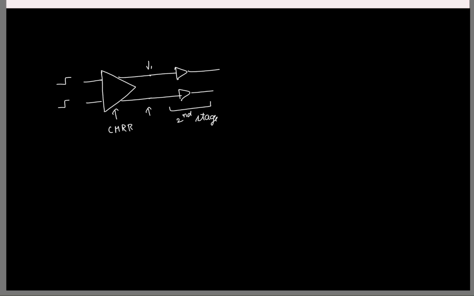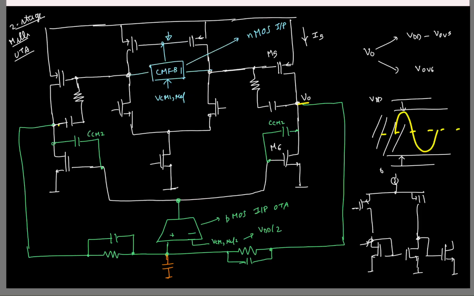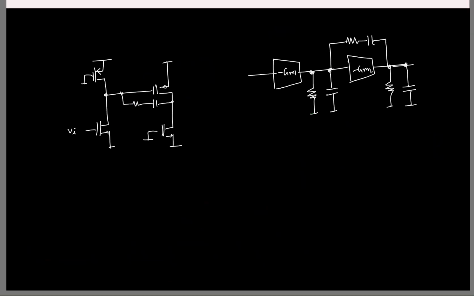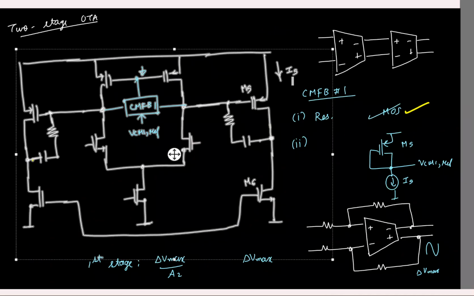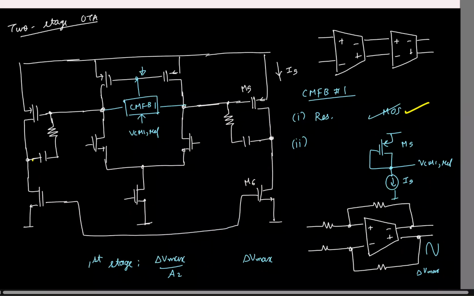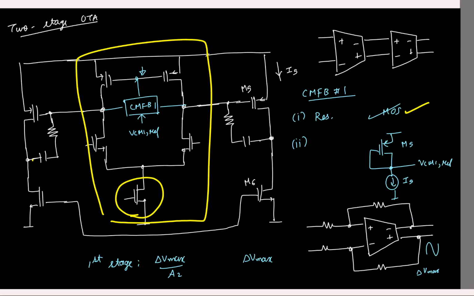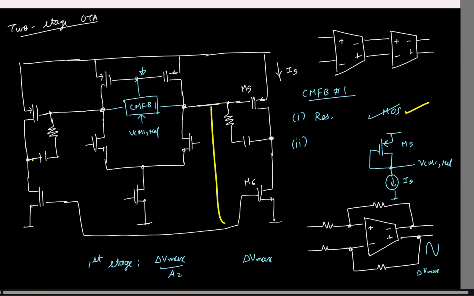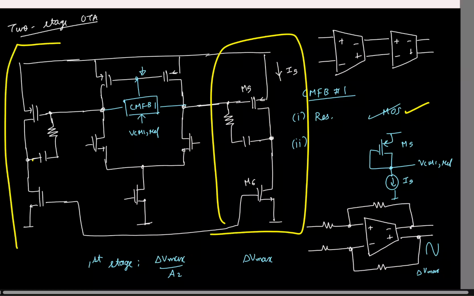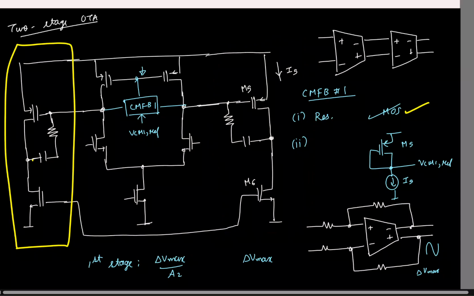And if you think carefully, that is the reason why, for the Miller's OTA, in the two-stage Miller OTA here, this is the first stage. Because of this tail transistor, it has a good common mode rejection. Now the second stage is implemented as two amplifiers like this in a pseudo differential manner, right? Because these are two amps operating independently.